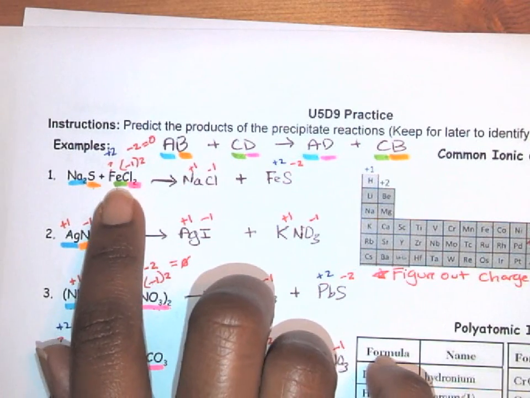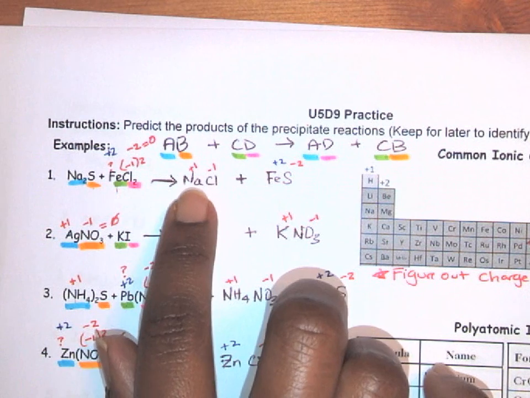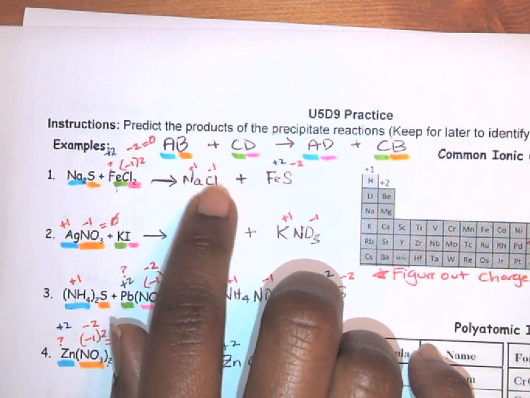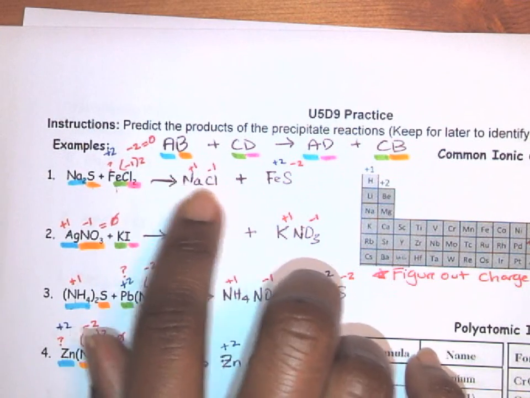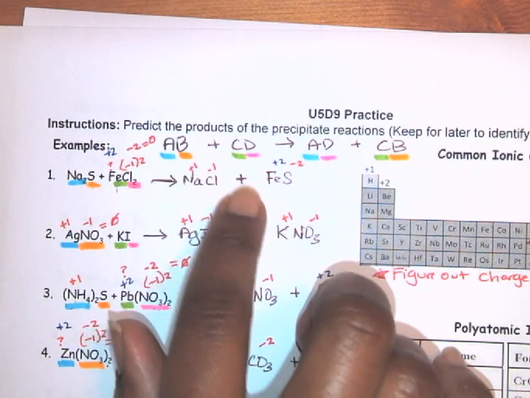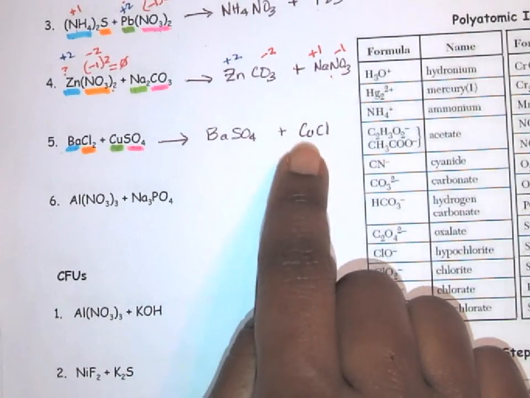In example 1, we started off with FeCl2. Notice that when I made my product, I just moved over 1 chlorine. I switched just 1 chlorine with the sodium, right? I didn't write NaCl2, and if I had, that formula would have been wrong because it would not have canceled out. Okay. All right, so going back here, I got my copper chloride.